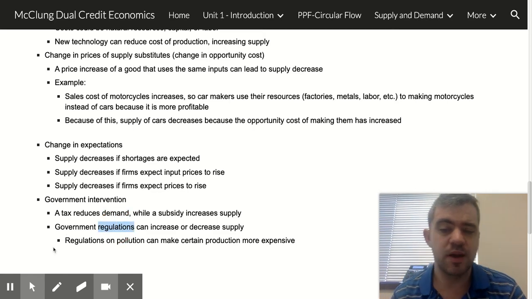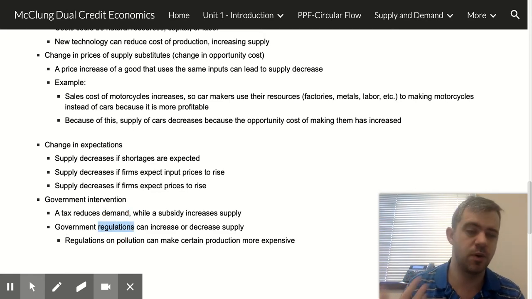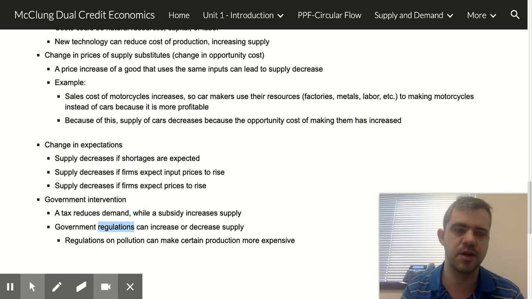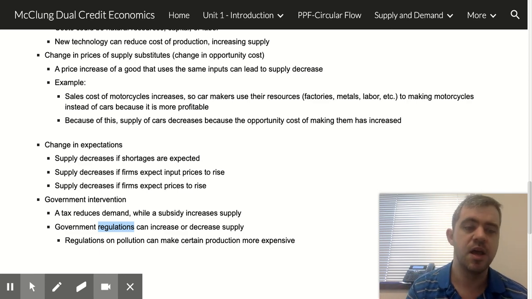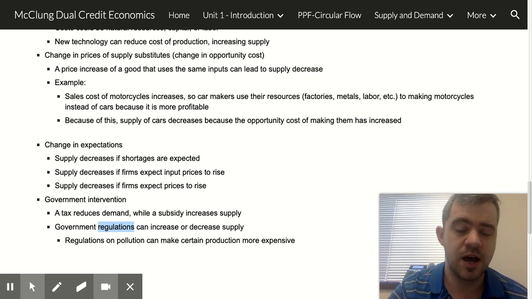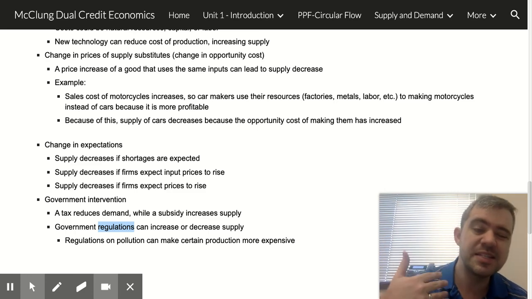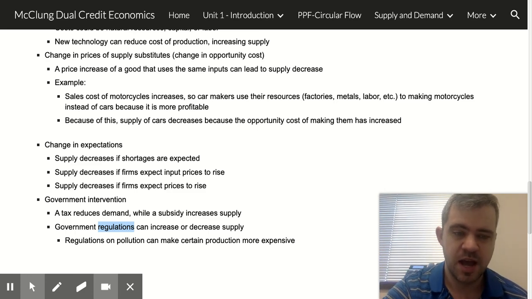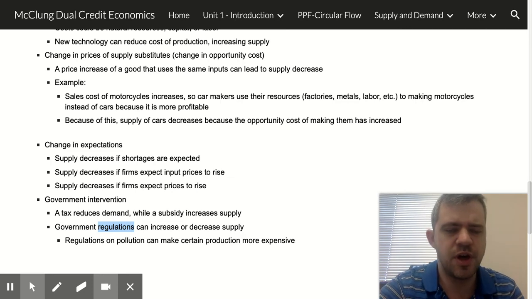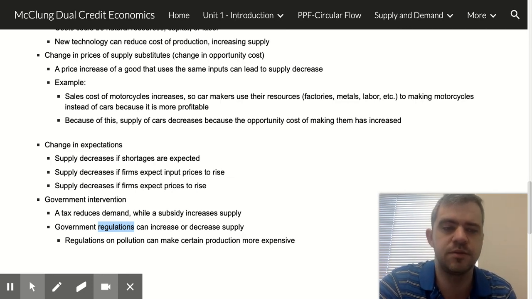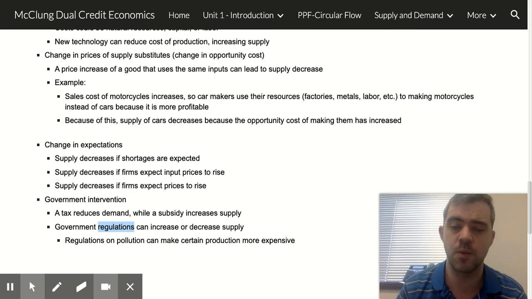Government regulations can increase or decrease supply depending on whether they're favorable to businesses or not. Sometimes they can increase production costs, sometimes they can decrease production costs. So the regulatory environment is very important to your input costs. It will affect your supply, sometimes in a good way, sometimes in a bad way.